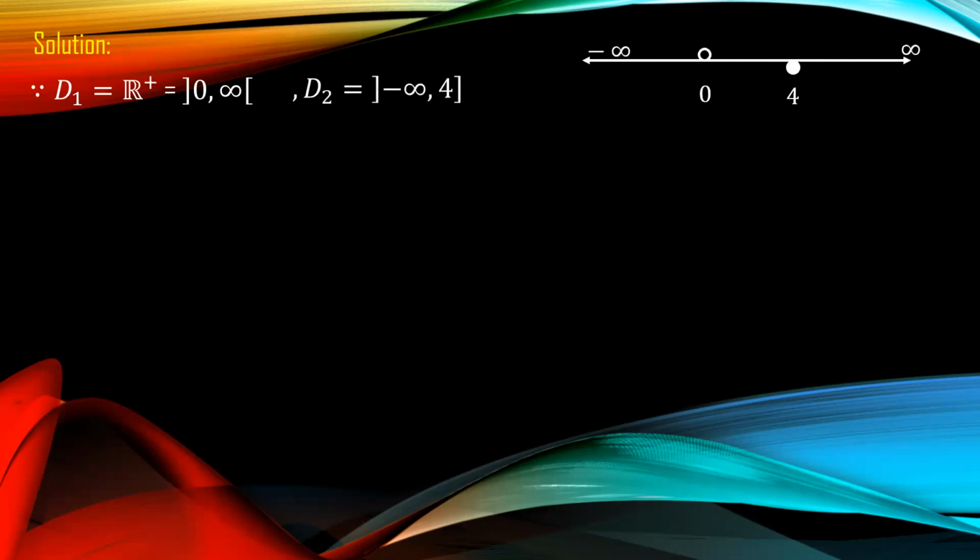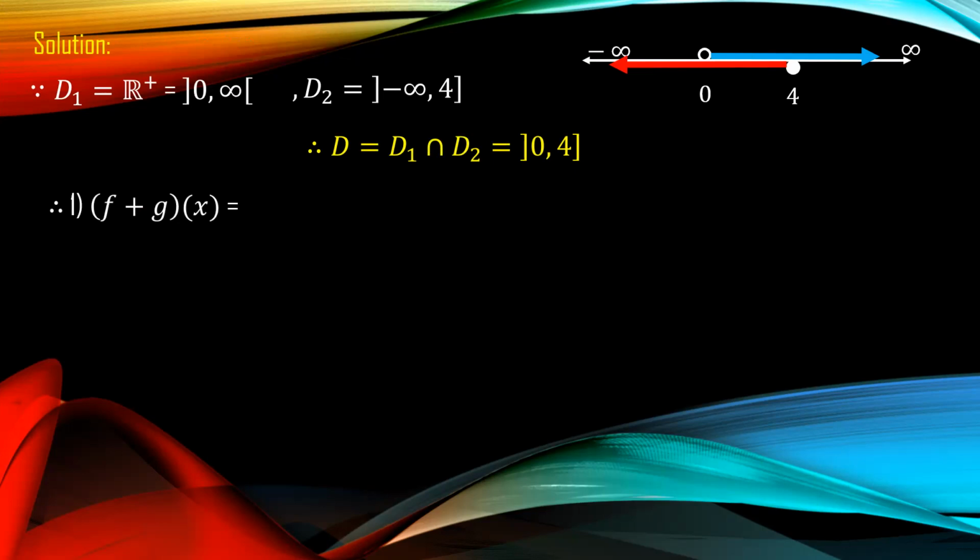Since d1, the domain of the first function, is positive r, the open interval 0 to infinity, and d2, the domain of the second function, is the semi-open interval negative infinity to 4, we can represent the two domains on the number line, and the intersection of these domains is the semi-open interval 0 to 4.